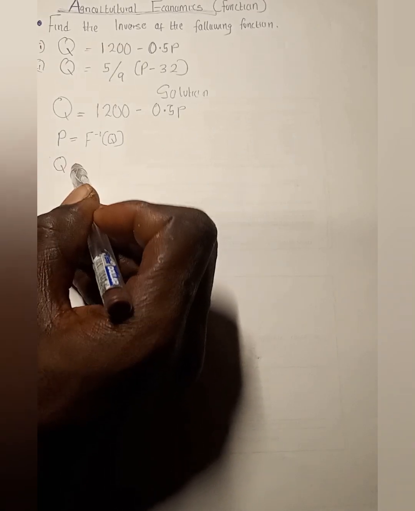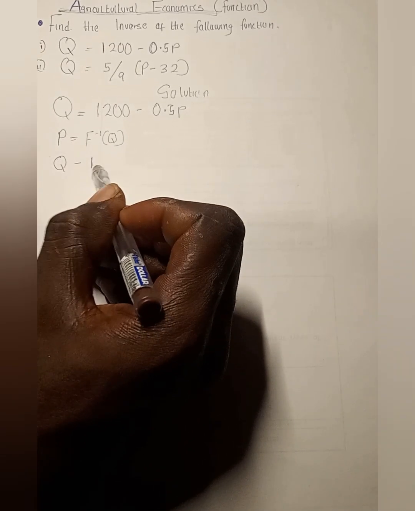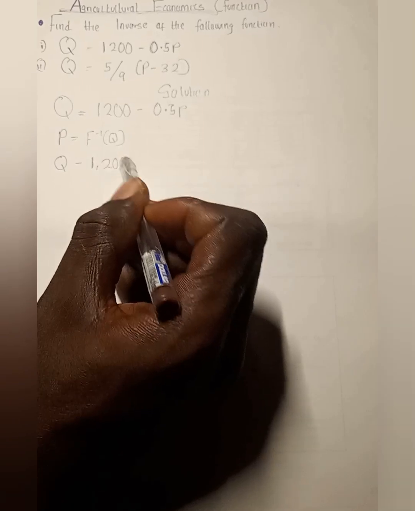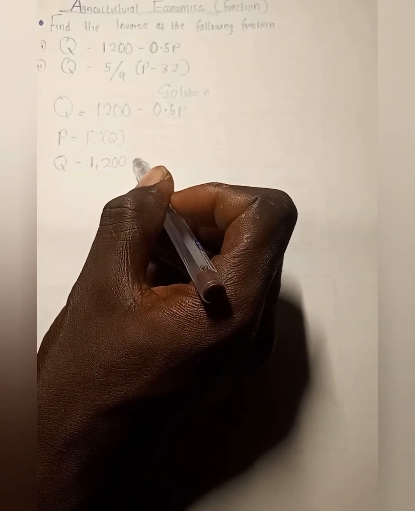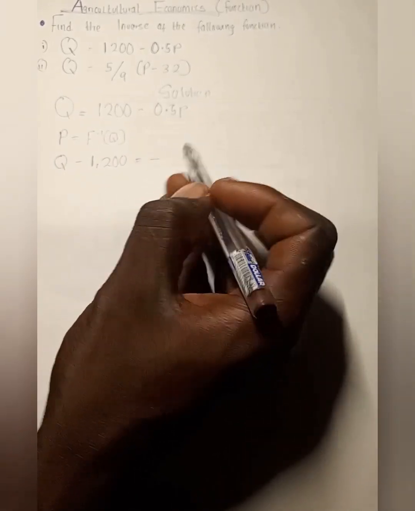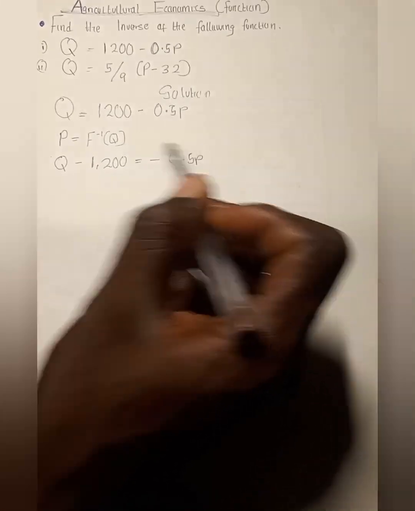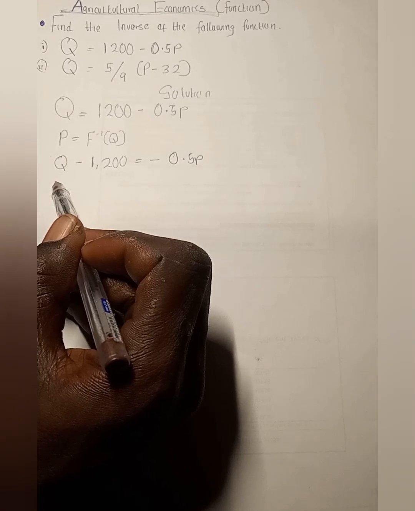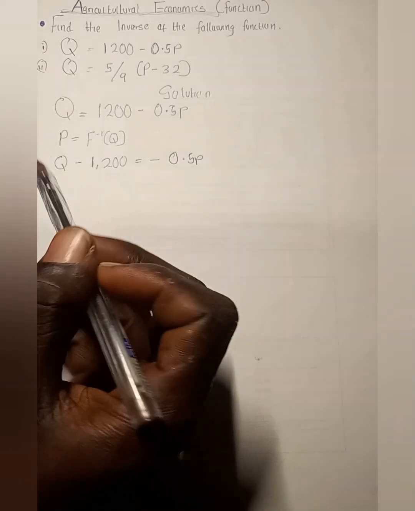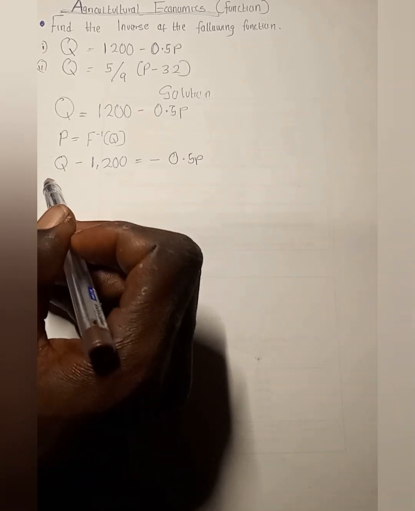Q minus 1,200 is equal to minus 0.5P. Divide through by minus 0.5.